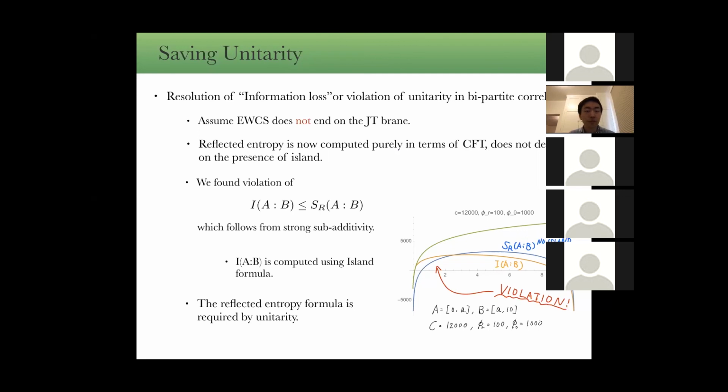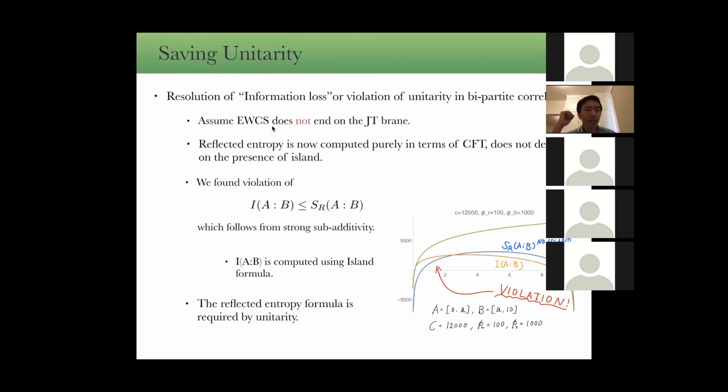So actually, the island formula for reflected entropy can be shown to save unitarity by ending on the JT brane.